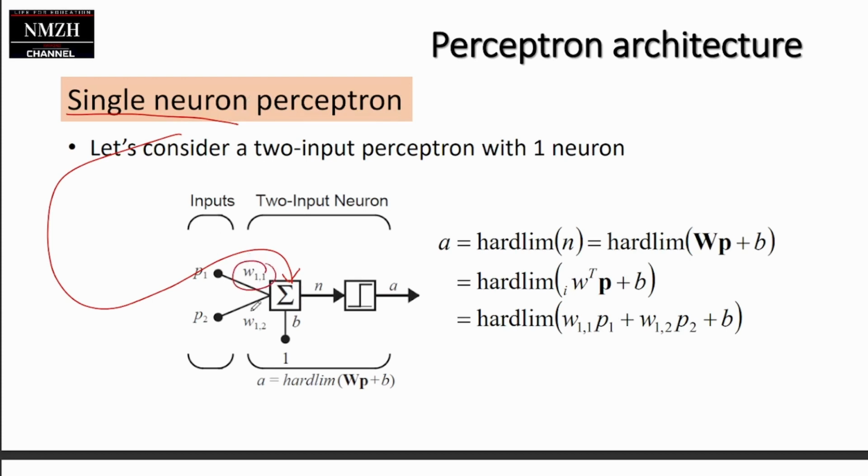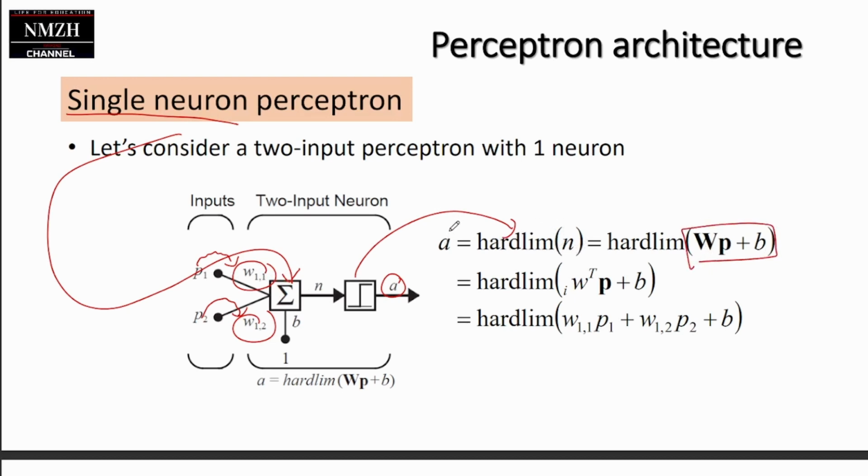Then we have the weight; weight always comes after the input. The bias is there, and n is passing through the activation function hardlim. So we have a equals hardlim(n), right? The n depends on w and p. That's the reason why we have this here.